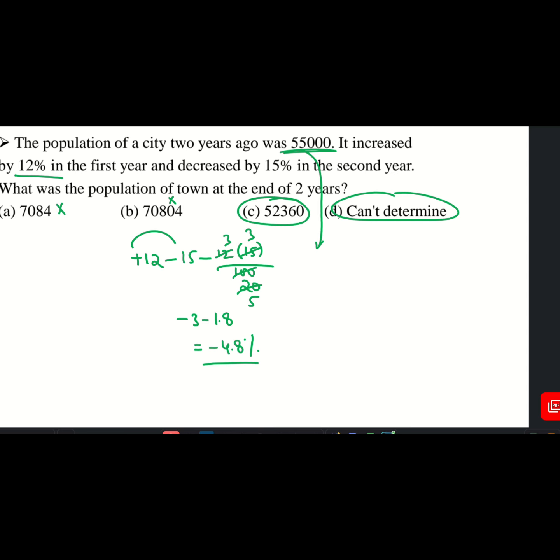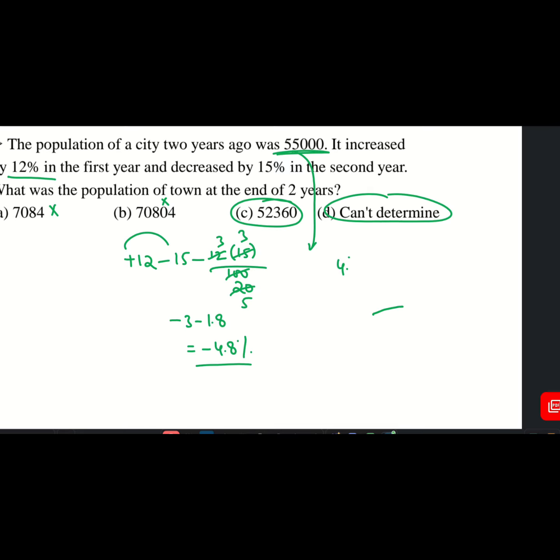We need to subtract: 100 minus 4.8 equals 95.2 percent of 55,000, which will be the final answer, 52,360.